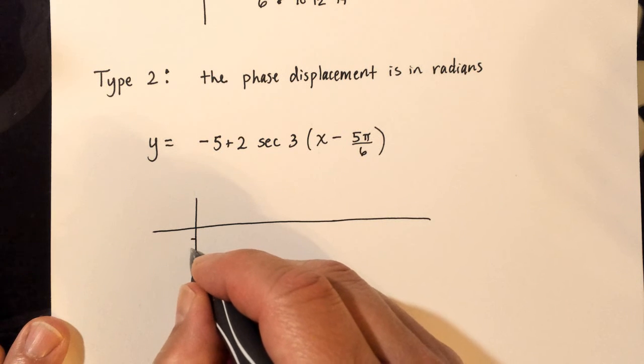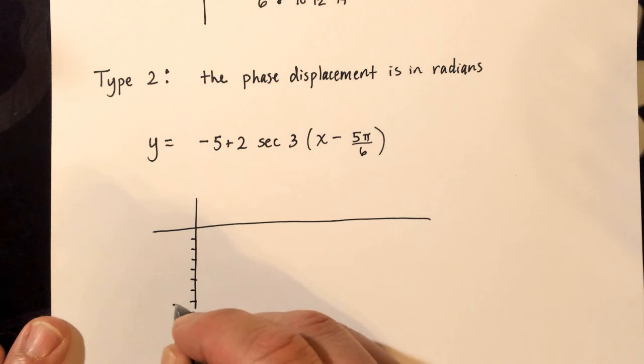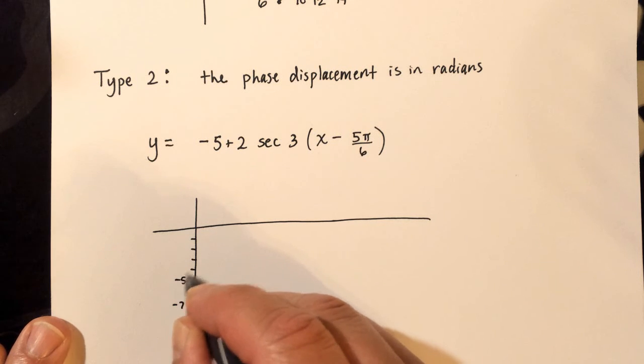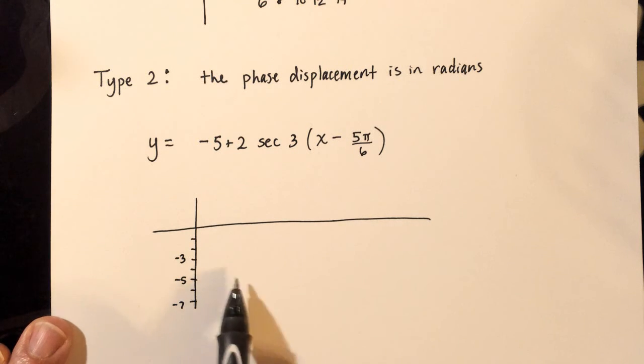Negative 1, negative 2, negative 3, negative 4, negative 5, negative 6, negative 7 is the bottom of the road. So we've got our road: bottom, middle, top.